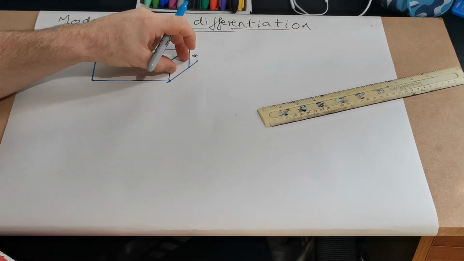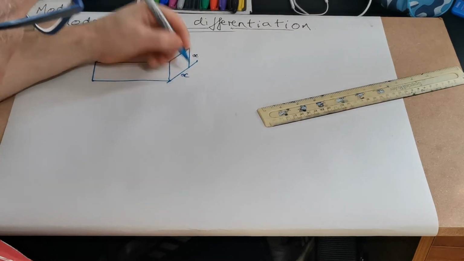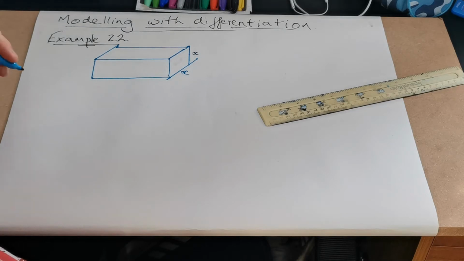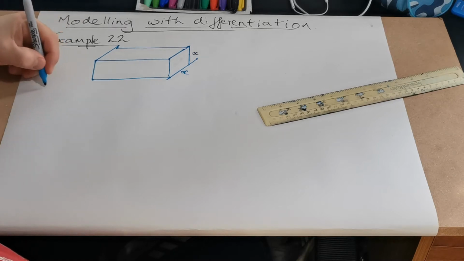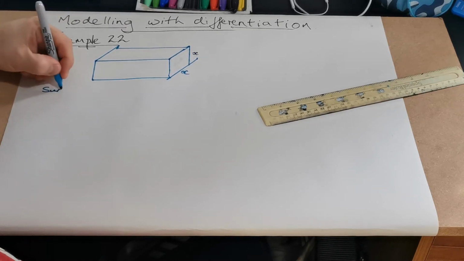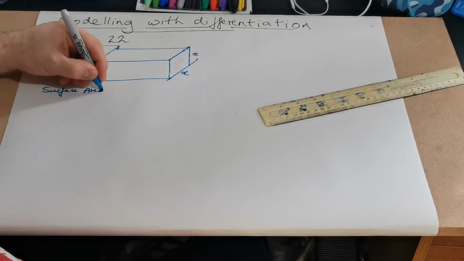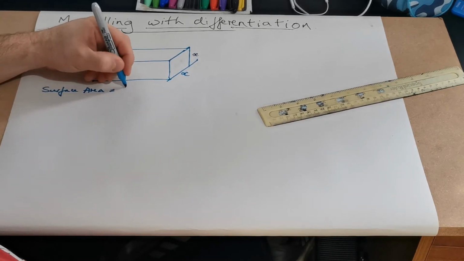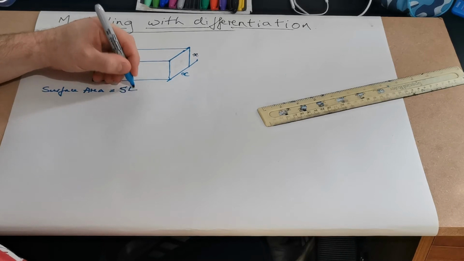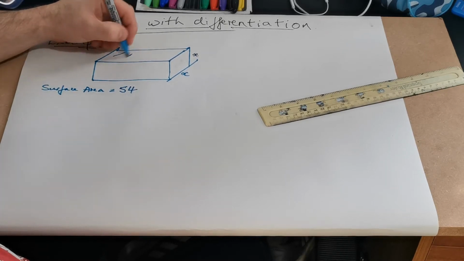So if I take this as one of the squares, then that is x. I know it's going to be made from 54 meters squared of sheet metal. So my surface area equals 54. And I know it's got no top.